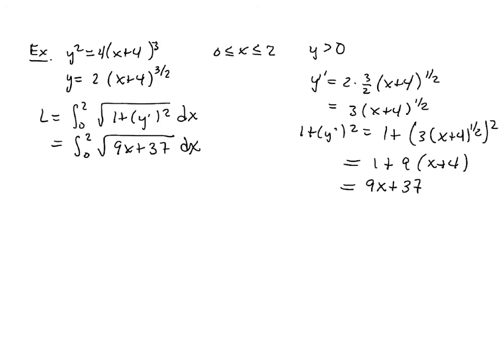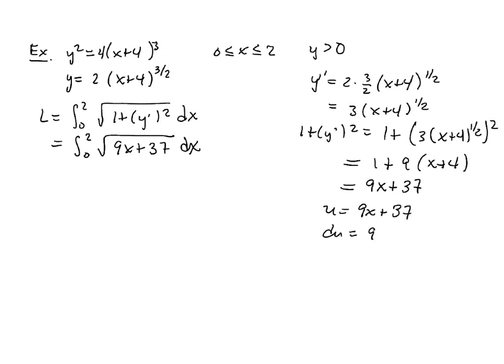This also will help you to keep from making too many mistakes by breaking the process into a small number of easier steps. Now, we look at that integral, and the way that we would compute that is we are going to set u equal to the inside. You could do this by a rationalizing substitution, where you would use u equals the square root of 9x plus 37, but when you just have the square root of ax plus b as the thing you're trying to integrate, you can just have u be that linear expression, and we'll see how that works in a second.